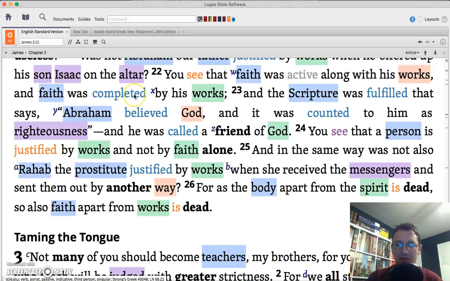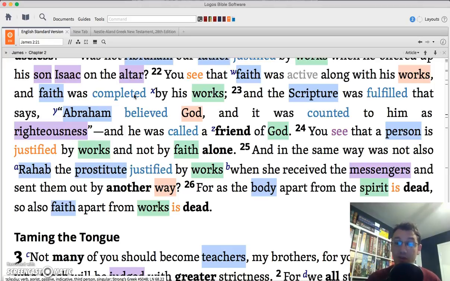So the nuance being that you currently, existing right now, are seeing that Abraham's faith was active along with his works, and that his faith was completed and its effects are continuing on into the present, which is clearly a New Testament theme, both in Paul and James, by his works.